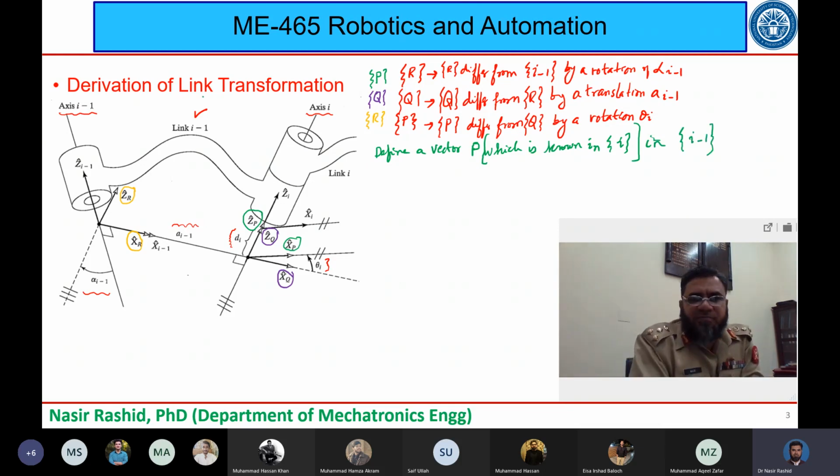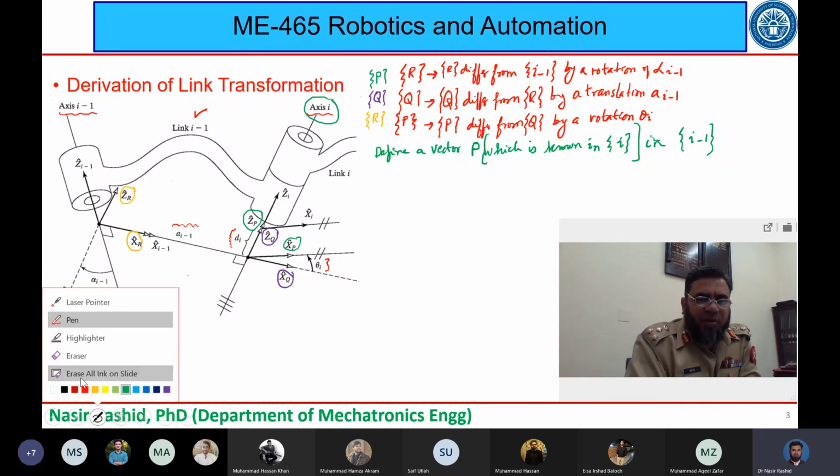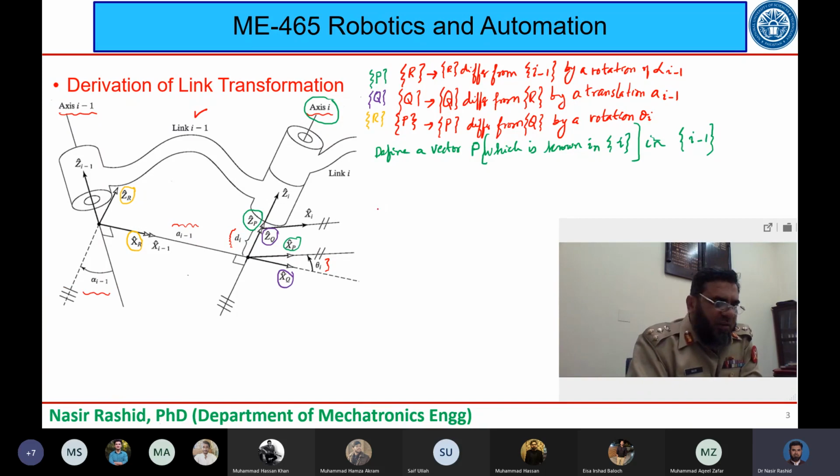So if I have an end effector in frame I, if I have an end effector here, I can define this end effector in terms of I minus 1. So what would our equation be? What our equation would become if I write it down here. So I may know P in I minus 1.